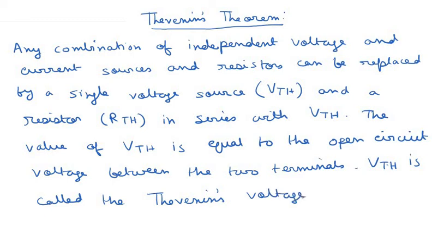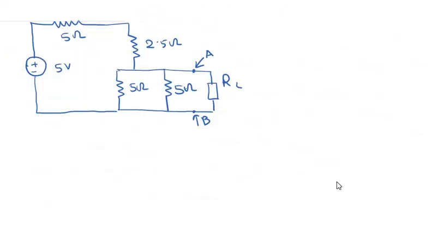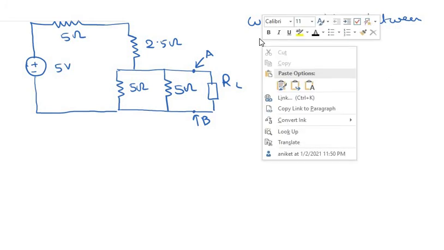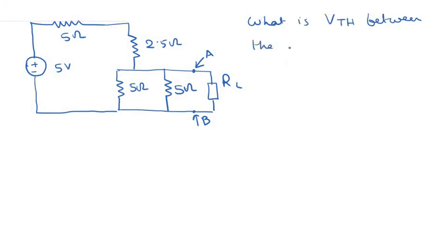So how do we find the value of VTH between A and B? The question is, what is VTH between the terminals A and B? The value of VTH is the open circuit voltage.